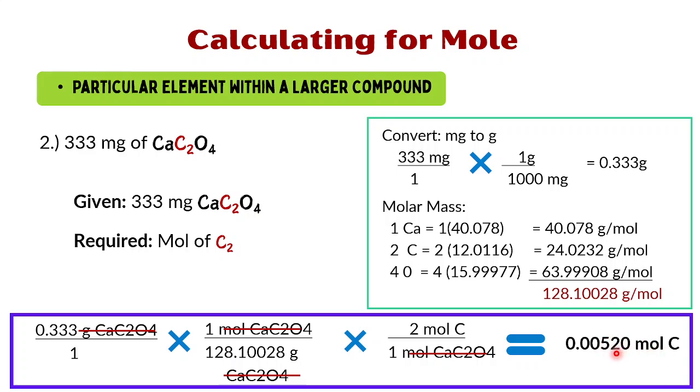Now, as you can see here in the final answer, there are 3 significant figures because the given also has 3 significant figures. Okay? So that's how easy, class, you can calculate the value of the mole of a specific element that is present in a larger compound, or in the whole compound itself.